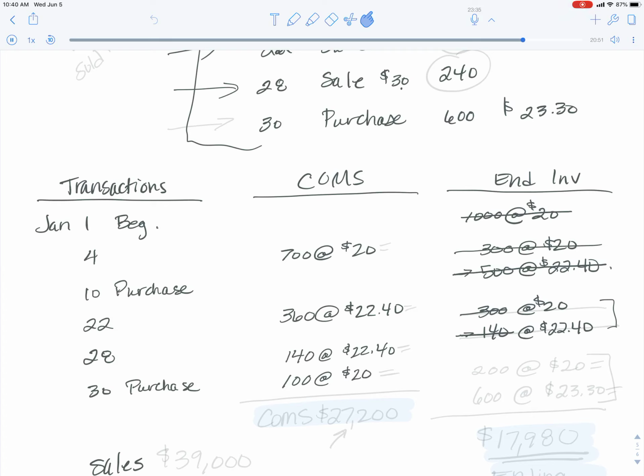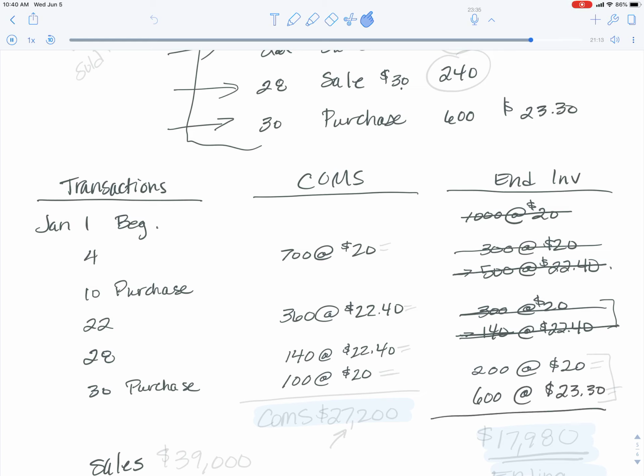So we sold all of these, we sold 100 of these, so we have 200 left of the $20 layer or shelf. And then the last thing we do is we purchase 600 more at $23.30.